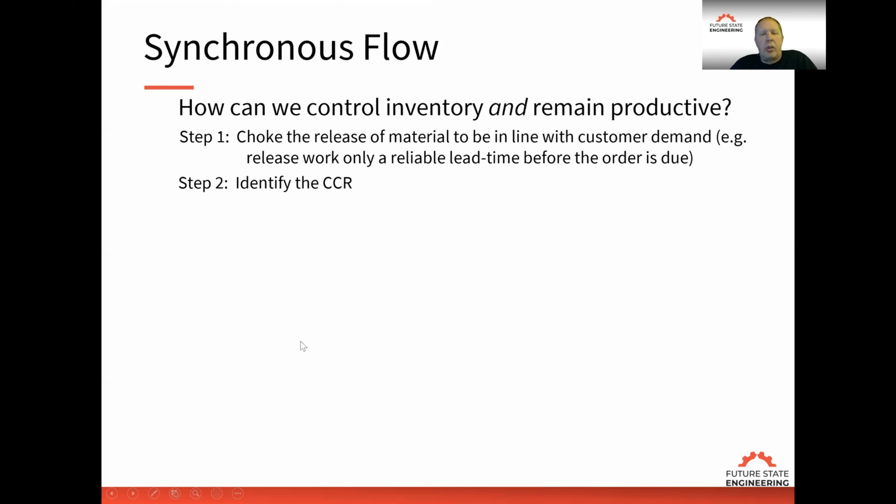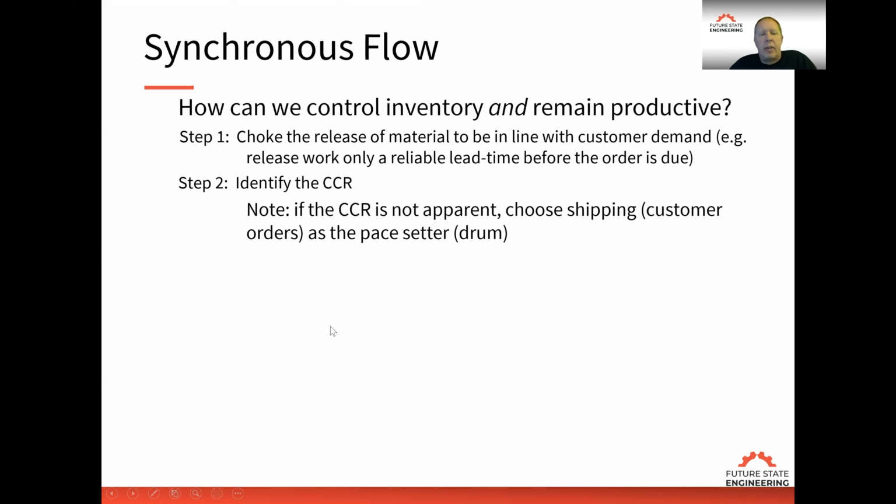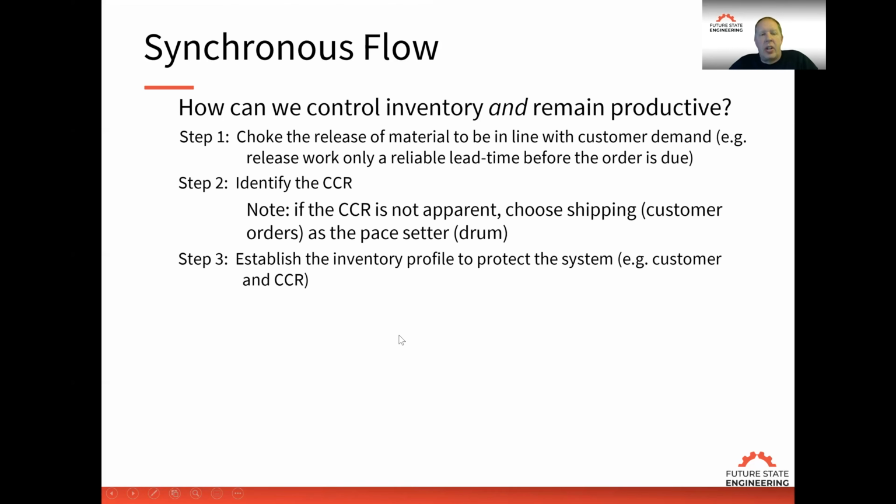So by choking the release and releasing material a certain time before the order is due, within a few lead time cycles, the capacity constraint resource will identify itself. If it's not apparent where the CCR is, then we use shipping, or the customer orders, as the pace setter.